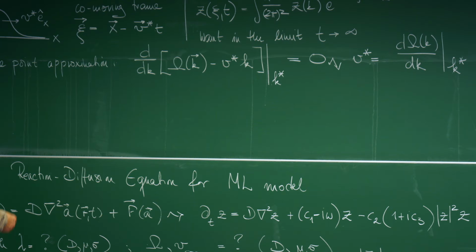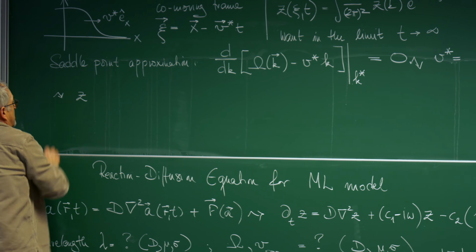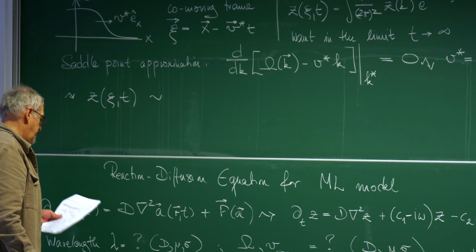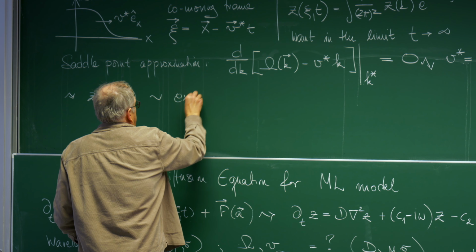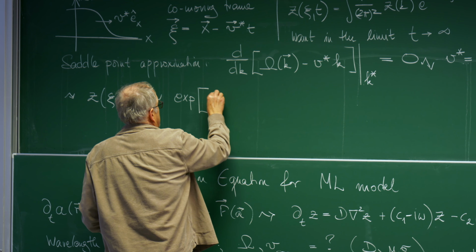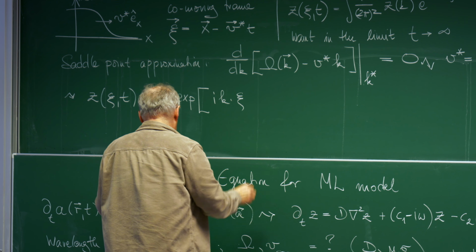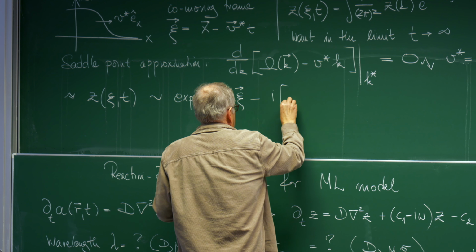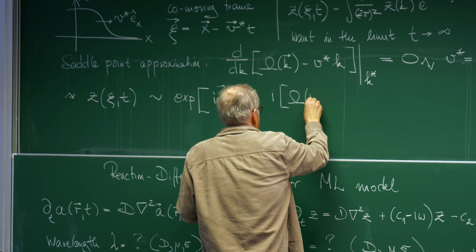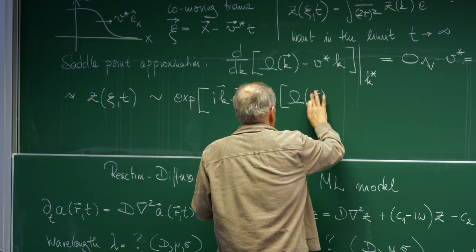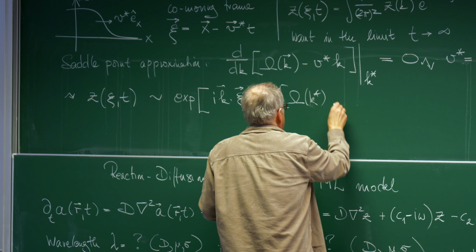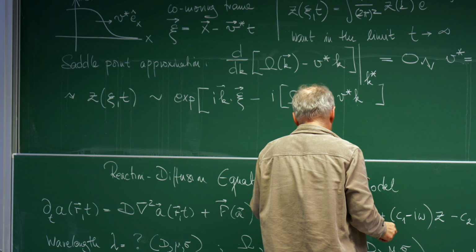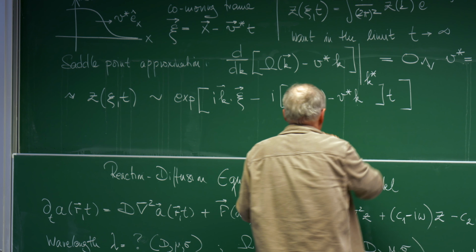Then, if that's the most important contribution, the dominant part of the integral will have some constants that I ignore, and it will have an exponential dependence on this: minus i times omega of k star minus v star k star, times t.